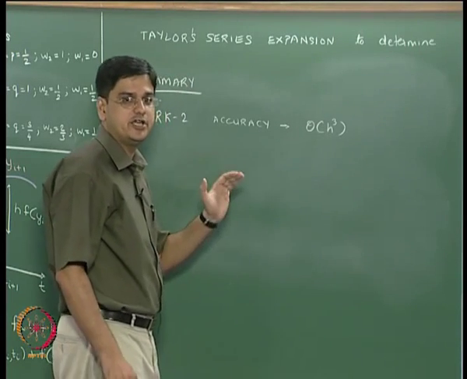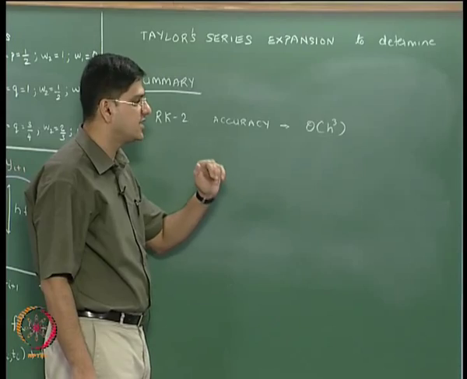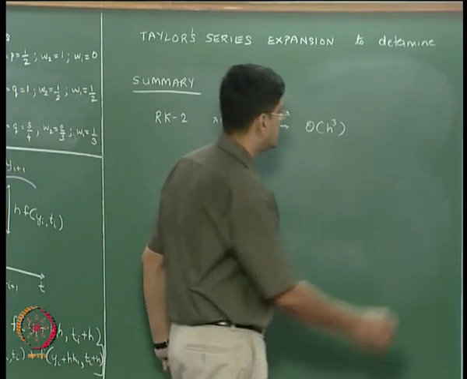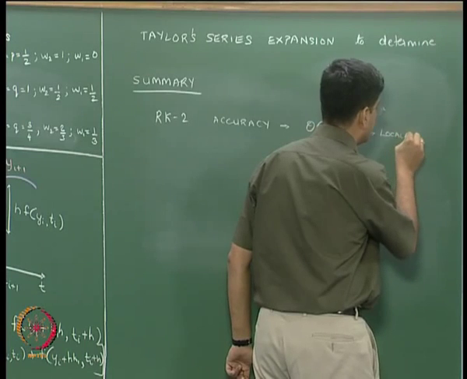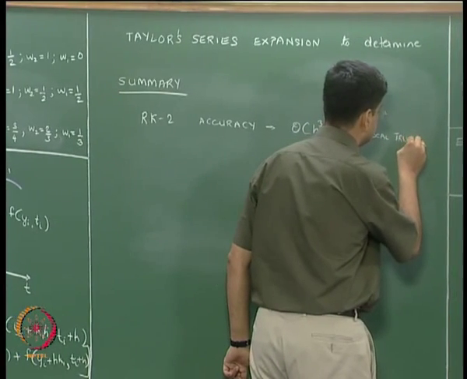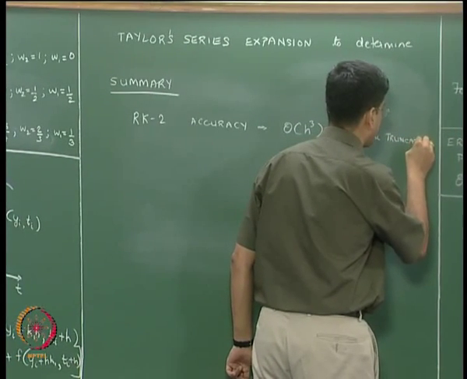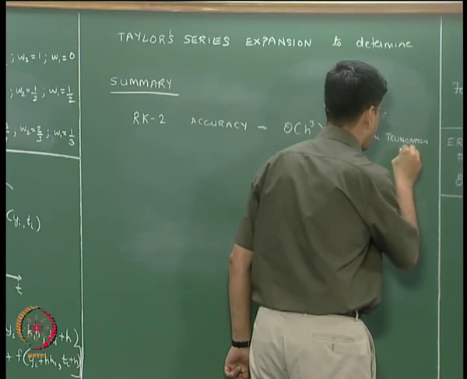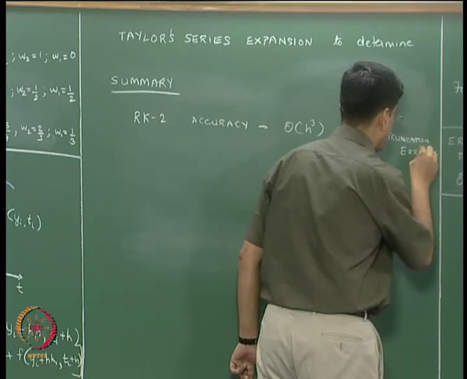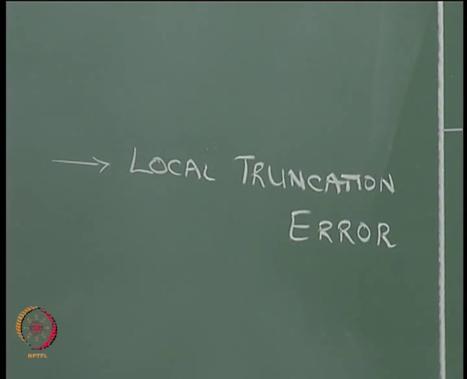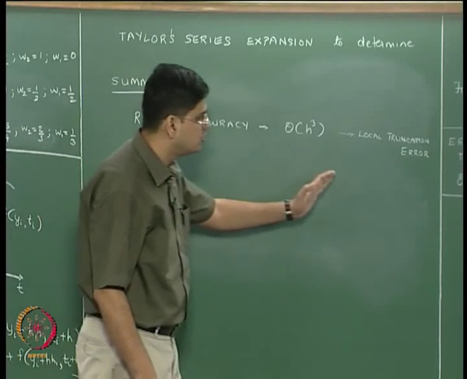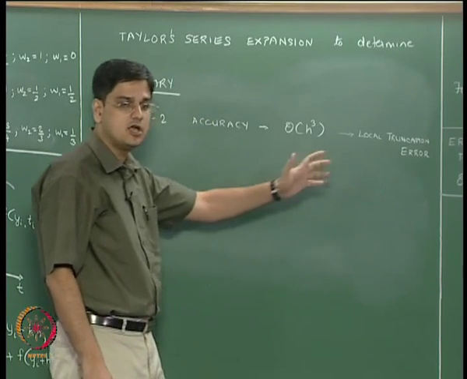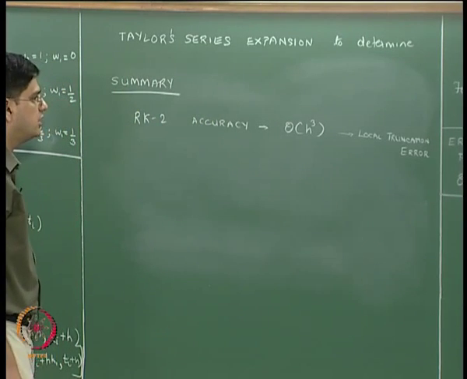In case of numerical solutions of ODE, there are actually two types of truncation errors, and this particular truncation error is known as local truncation error. The other type of error is known as the global truncation error. We will not talk about the global and local truncation errors in this lecture, we will cover them in subsequent lectures.